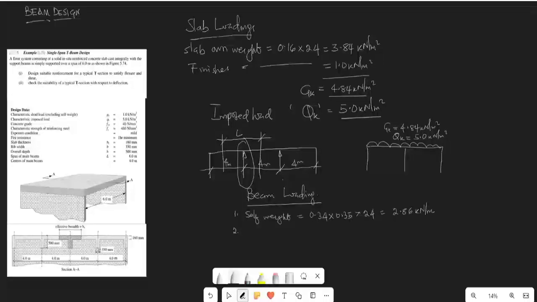The slab dead load to be transferred will be 4.84 multiplied by 4. I hope you understand that. So that will give us 15.36 kilonewton per meter.